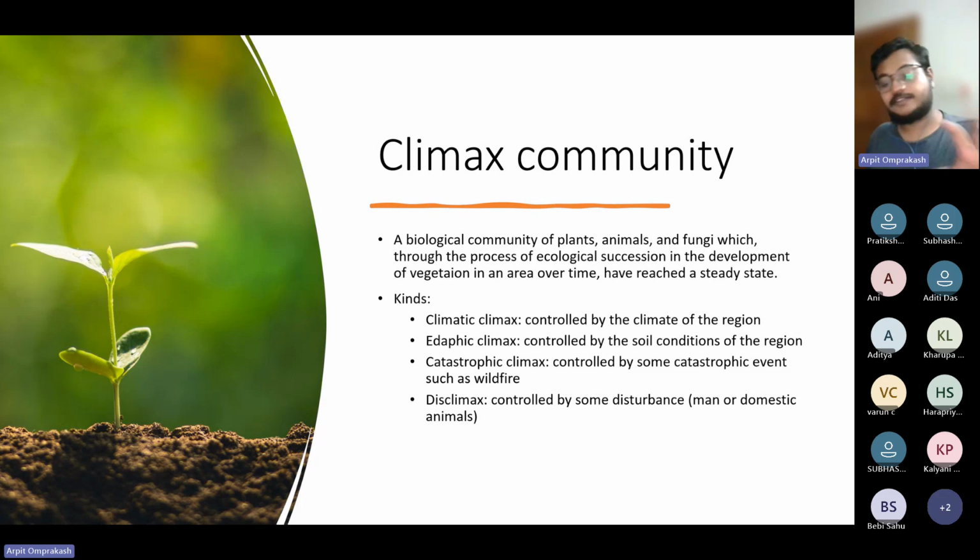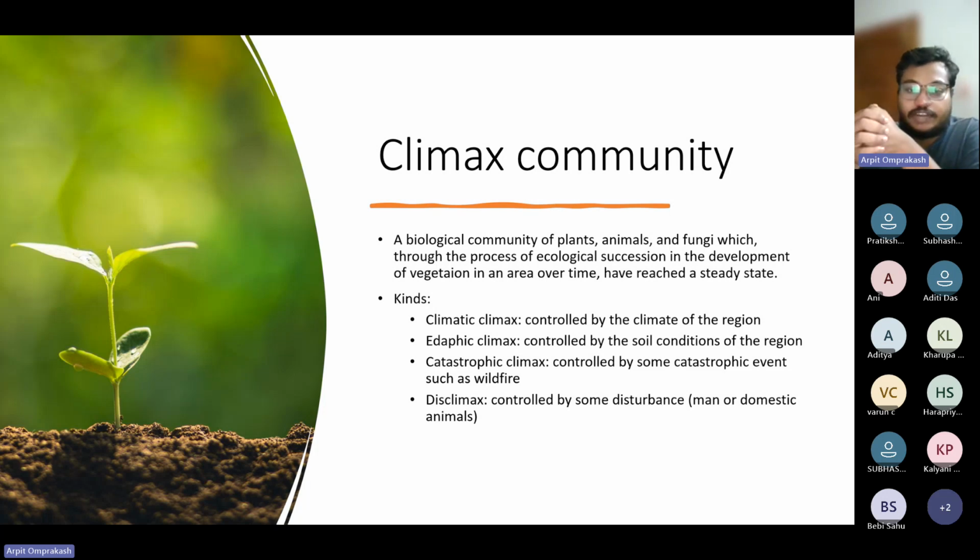In our case, the forest is the steady state because the forest is a biological community of plants, animals, and other organisms which can perform homeostasis and has reached a steady state, where the number of individuals of different populations is controlled by many different mechanisms such as trophic levels and other things. So it has reached a steady state and it tends to stay that way for a very long time, and the species composition and abundance of species does not change much across years.